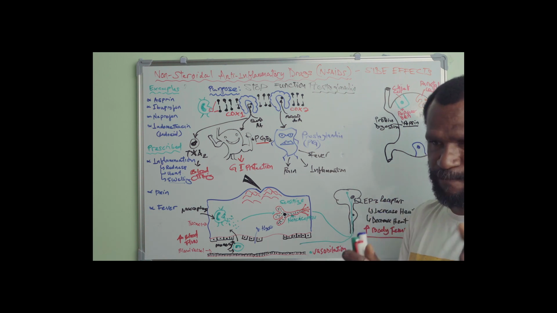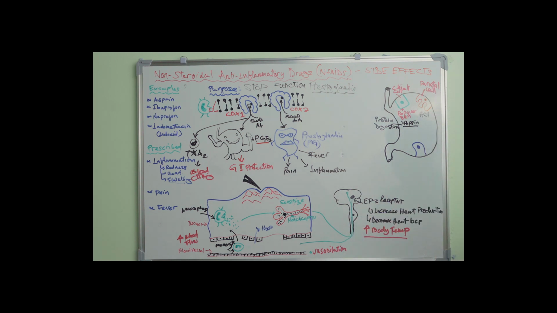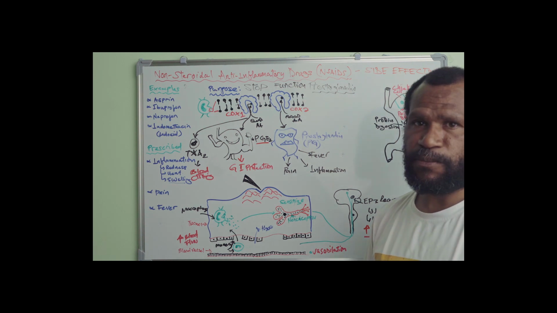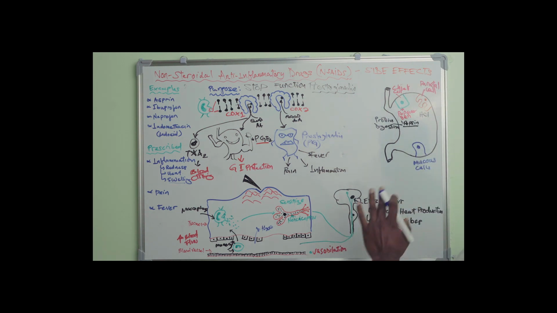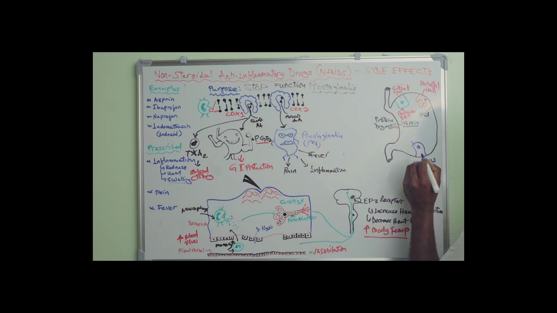But here is the important thing. This cell is called mucus cells. So we have two types of mucus cells, but let's say this is a mucus cell, and the mucus cell will secrete an alkaline mucus.